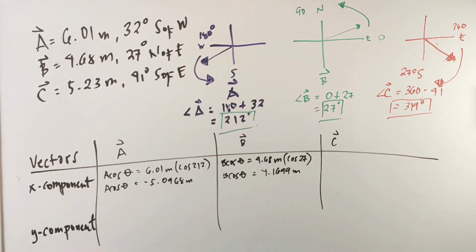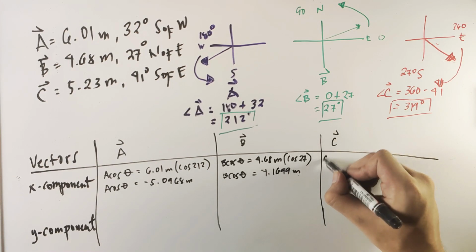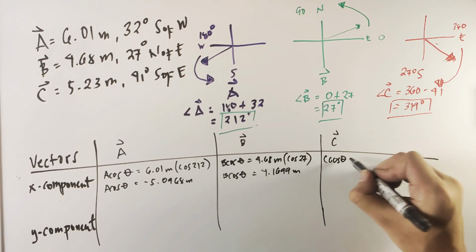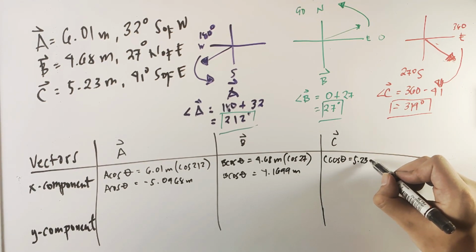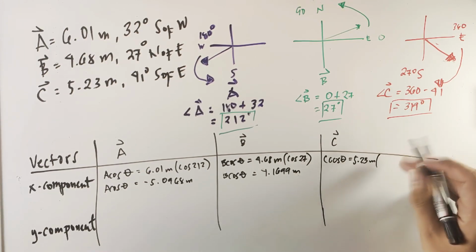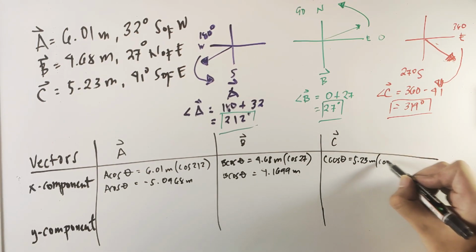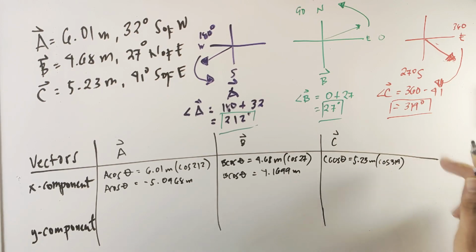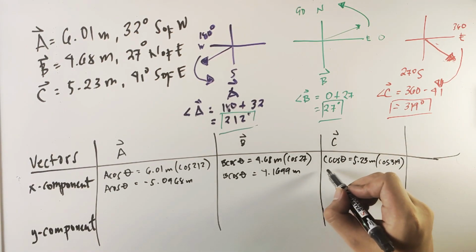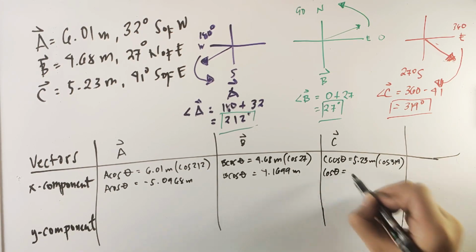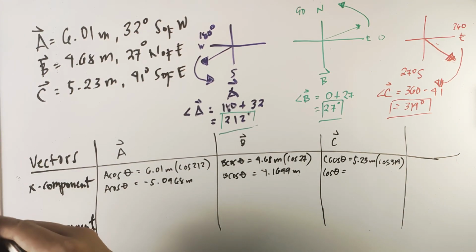For vector C, this is C cosine theta, which is 5.23 meters times, what's the angle? Cosine 319. So our C cosine theta is 5.23 times cosine 319.